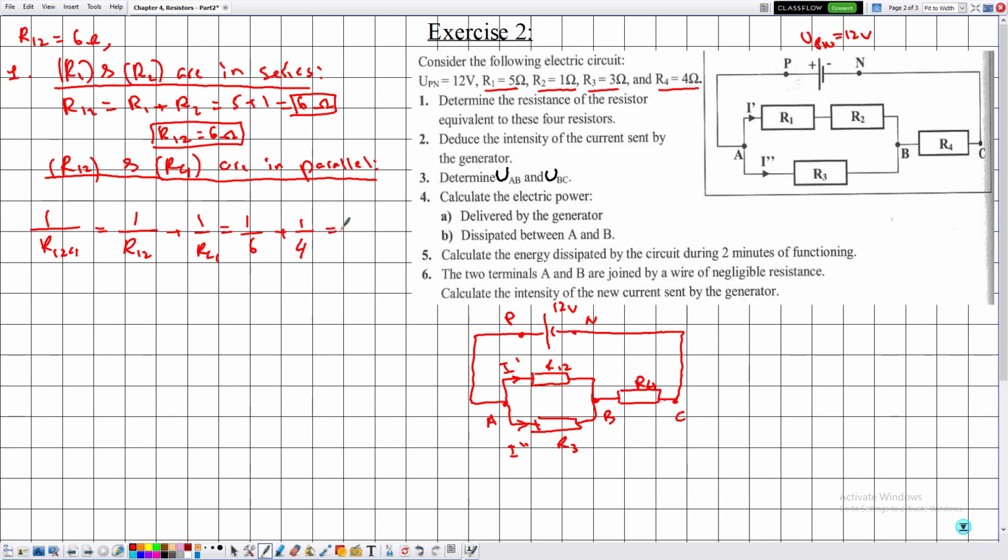Then here we need to consider that we are adding two fractions. Then we must consider the common denominator and the simplest form of the fraction, and eventually it's given by 1 over 2.